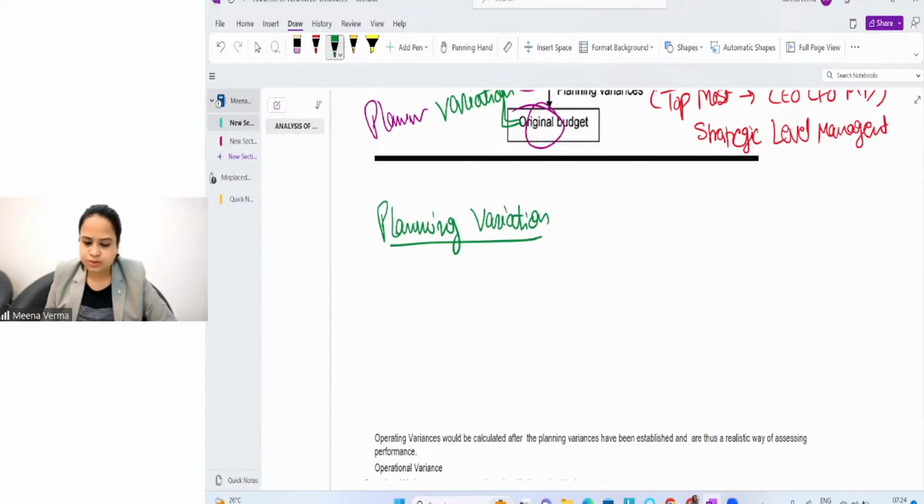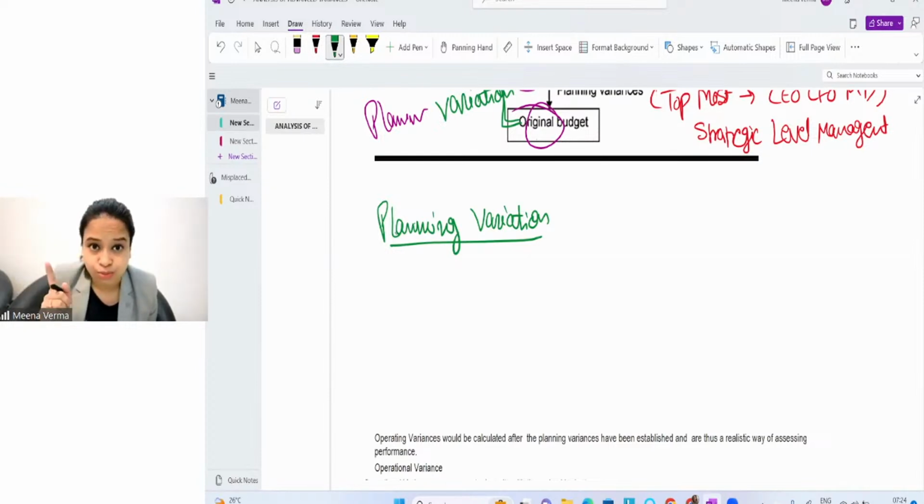So who is responsible? The top level management. Actually, the strategic level management approves the budget. We learned in the last session that the budget will be set either by the strategic level management or lower level management, or both together. So whatever budget the company prepares will be approved by the strategic level managers.